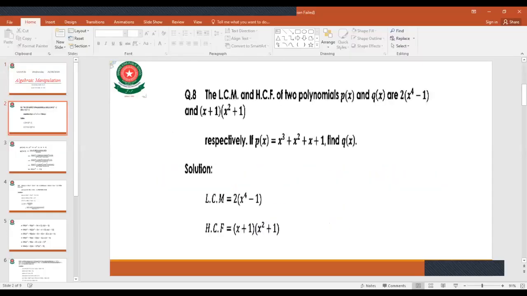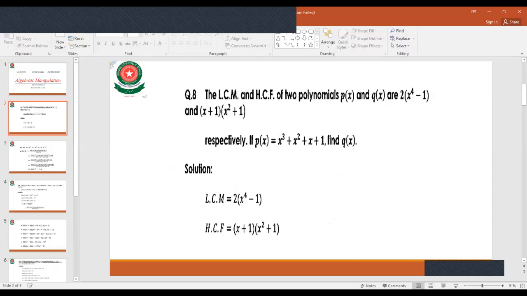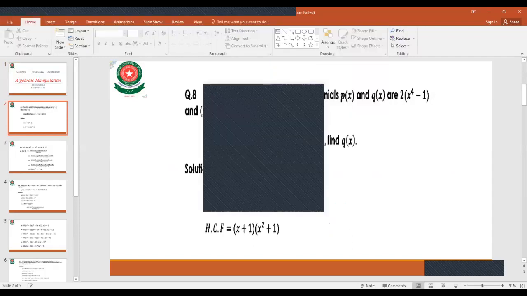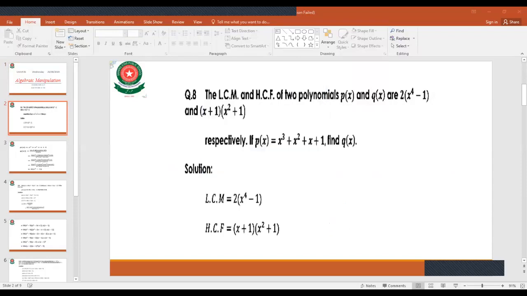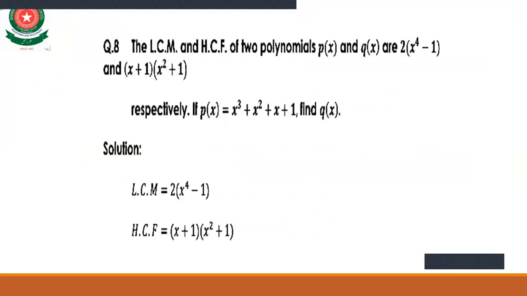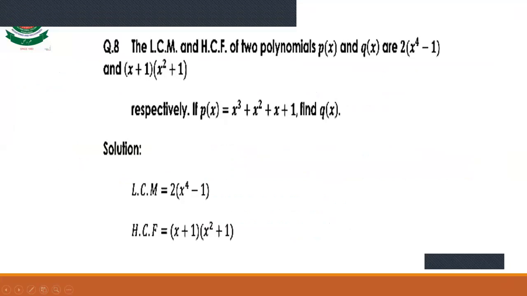Okay, beta, our question number 8. The LCM and HCF of two polynomials p of x and q of x are: LCM is 2 into x power 4 minus 1, and HCF is x plus 1 into x square plus 1.